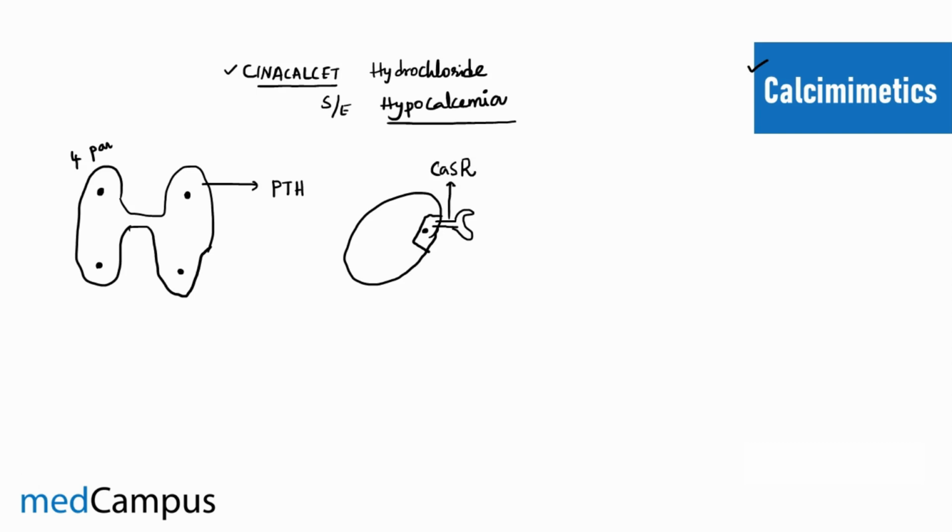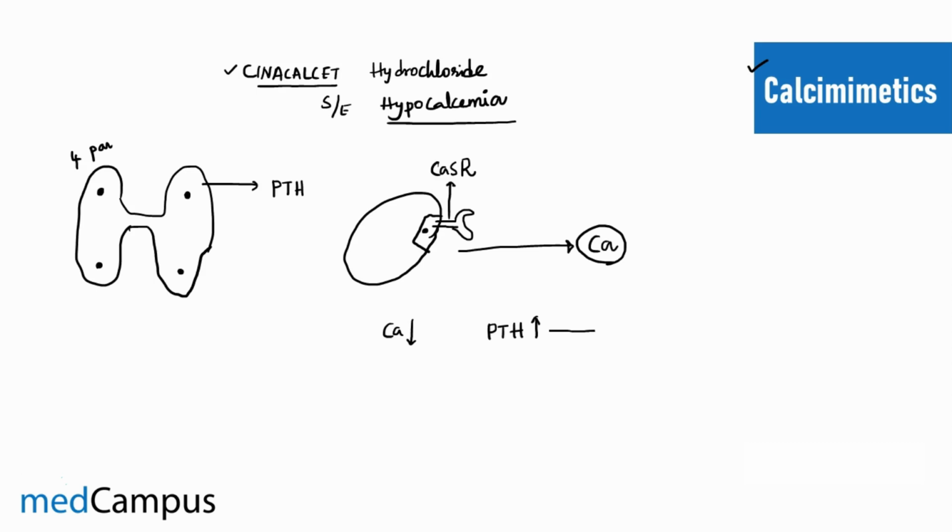What is the relationship between the parathyroid gland and the calcium levels in the body? The main function of parathyroid hormone, which is secreted by the parathyroid gland, is that it helps in maintaining calcium metabolism. That means if the calcium levels are low in the body, there is increased secretion of parathyroid hormone.